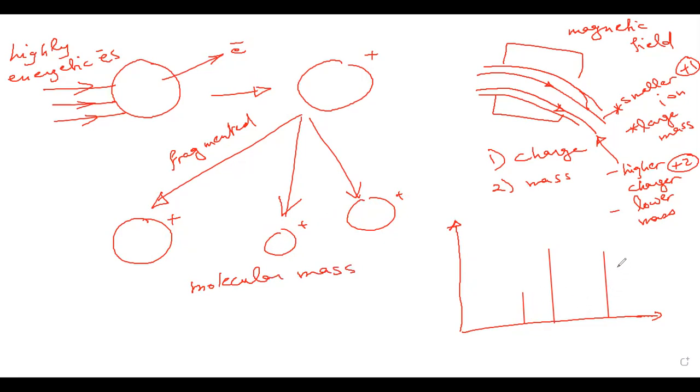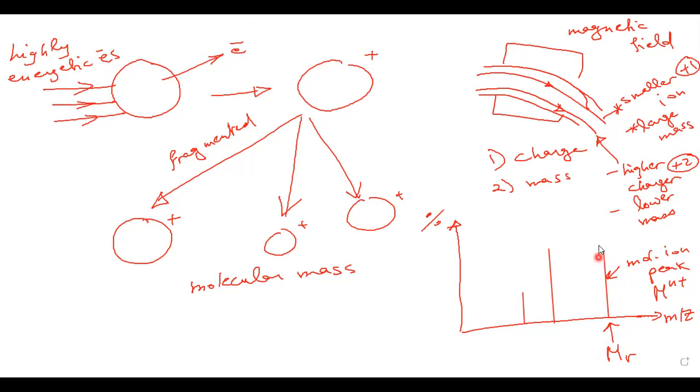Now, the last peak here, we call it the molecular ion peak. We denote it by M+. It means the molecular ion peak. And from the molecular ion peak, we get the molecular mass of the compound. So the last peak here will show us the molecular mass of the compound, because we are drawing the mass over charge ratio against the percentage abundance.